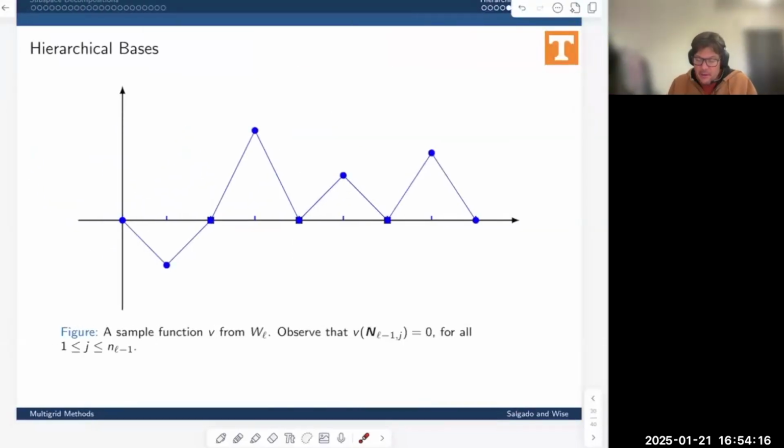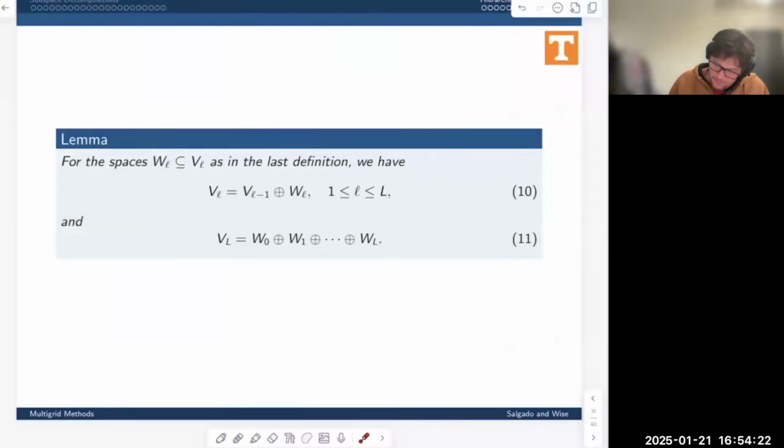So if I think about how I created this, if I go from one space to the next, maybe I'll draw it here. So if I have a mesh like this, suppose that's my coarse mesh, and I have some function, the function is going to have degrees of freedom here, here, and here. And so the way I build the refinement is I'm going to add degrees of freedom at these 4 points.